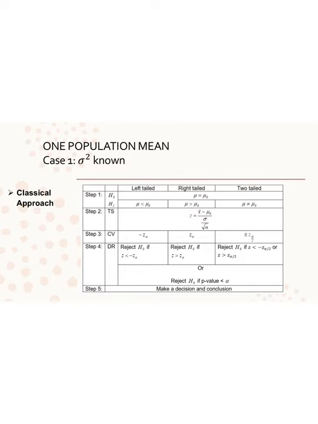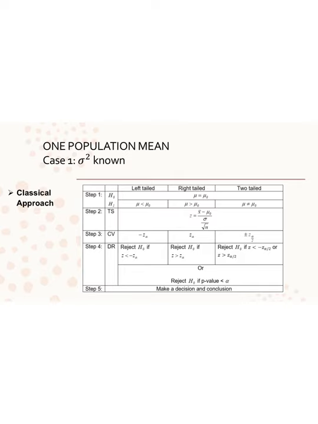For left tail, the symbol that we use is less than. For example, if the null is mu equals 10, our H1 will be mu less than 10. For right tail, mu is greater than 10. For two tail, mu not equal to 10.